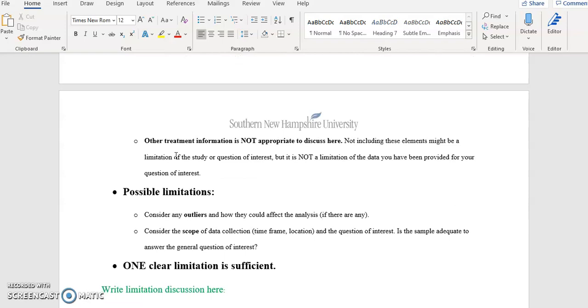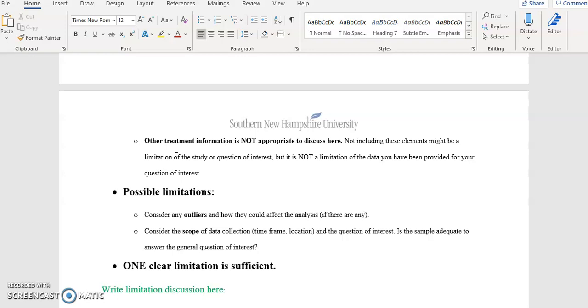Another thing that we're not going to talk about here is other treatment information. It is not appropriate to discuss what other treatments these patients had. That's not a limitation of the data we're using for this study, the 2 variables you're looking at.